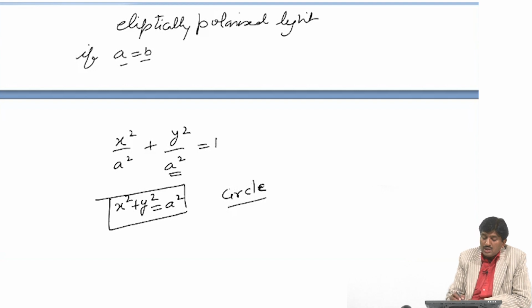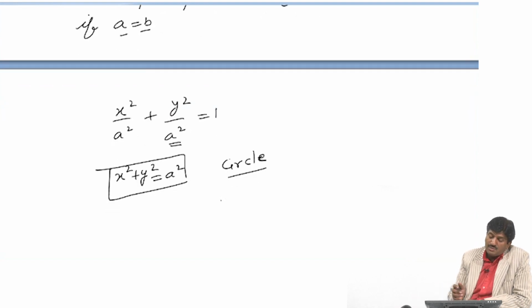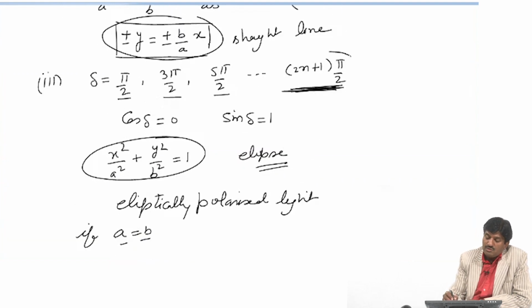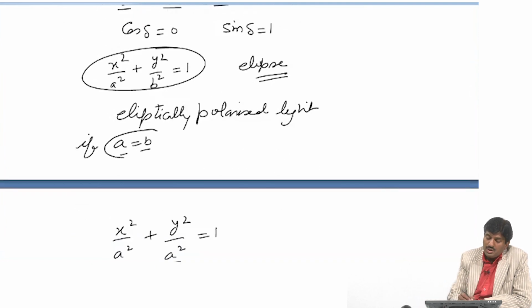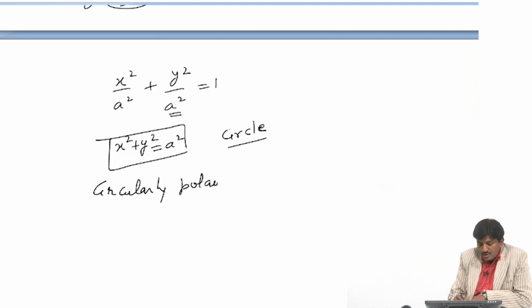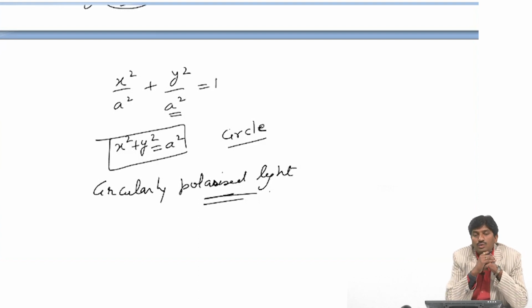Or we can say the emergent light from the crystal, when delta, the phase difference between E ray and O ray, is (2n+1) pi by 2 and the amplitudes of E ray and O ray are the same, is circularly polarized light.